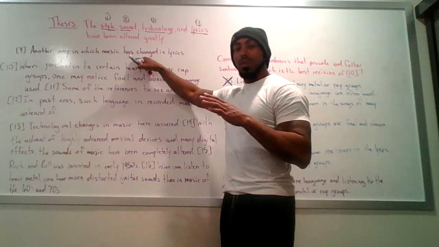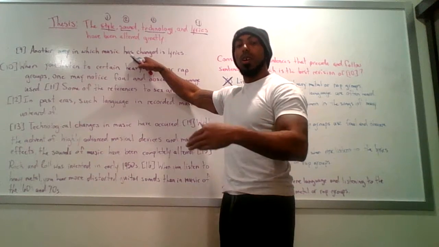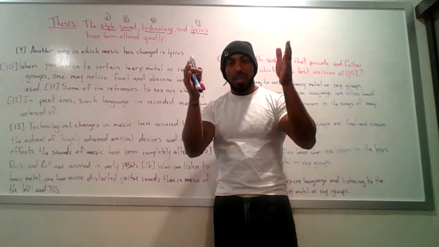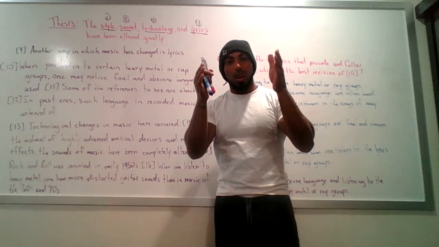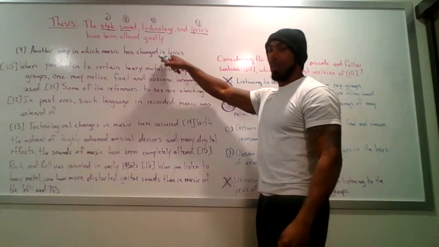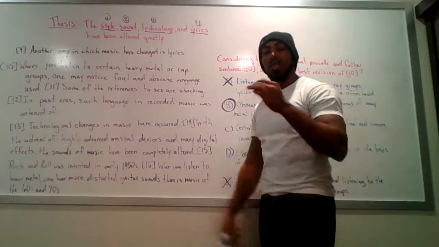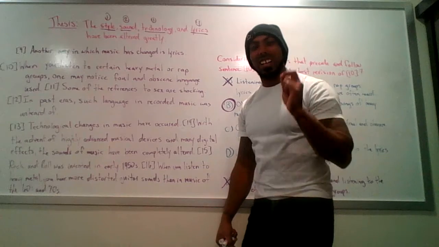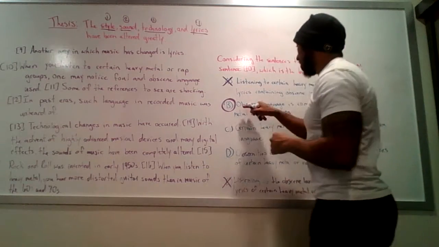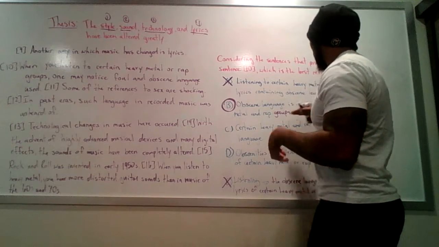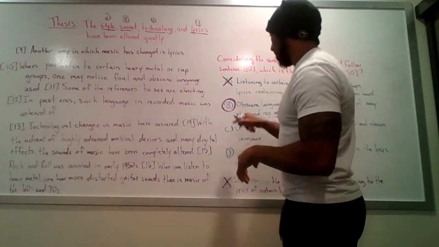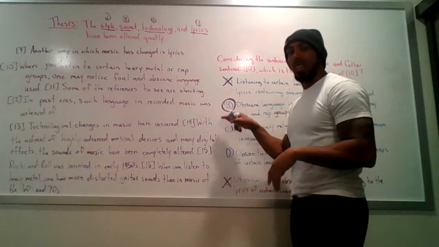Now, he moves in to use B. It would be that whole technique of starting vague and getting more specific, and that's exactly what choice B does. The first topic sentence is very vague, and then it gets very specific with the next one, telling us exactly how the lyrics have changed, because we have obscene language being common in heavy metal and rap groups. Okay, so this is actually the answer.